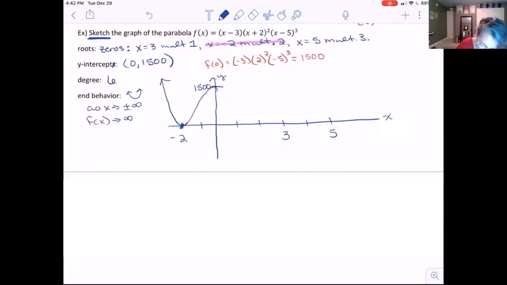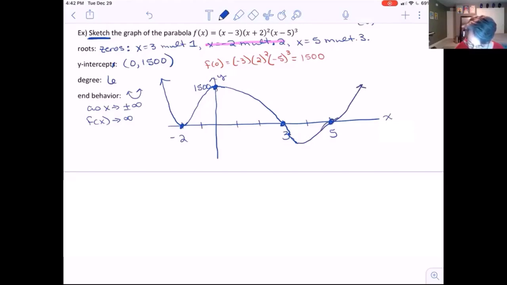We know it crosses the y at 1,500. We know the multiplicity of 3 is 1. So it's going to cross 3, but not really flat, right? And then 5 has a multiplicity of 3. So it might be a little bit flatter there at 5.